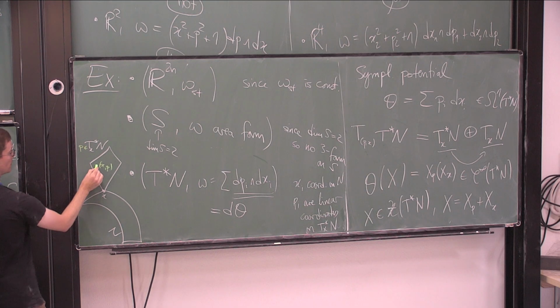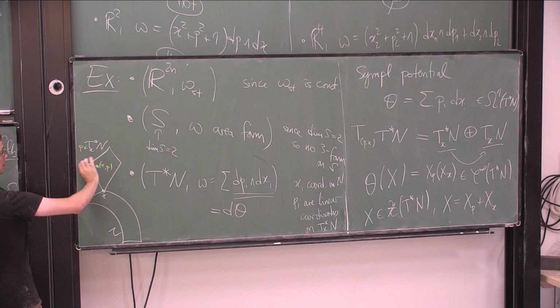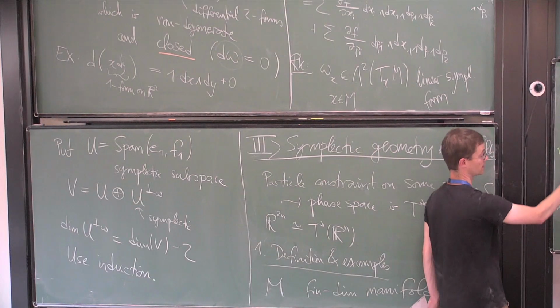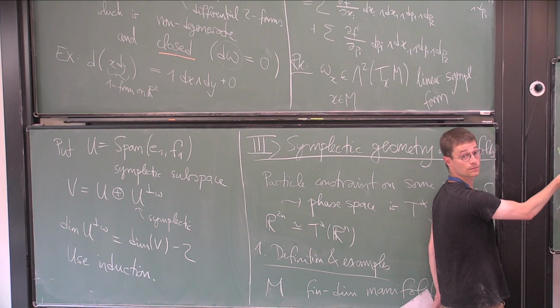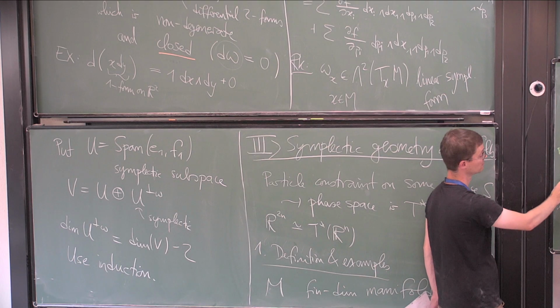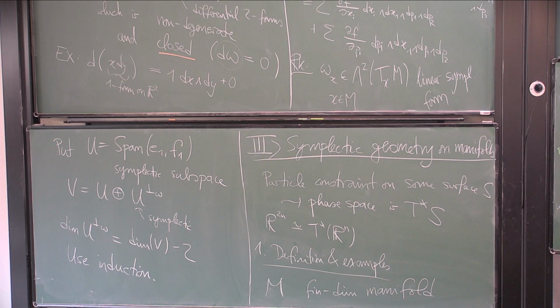Now I want to vary this point. If I vary it in the direction of n, I actually just see the tangent space. If I vary it within this linear space, I just see this linear space that doesn't depend on p. That's how you get this decomposition.